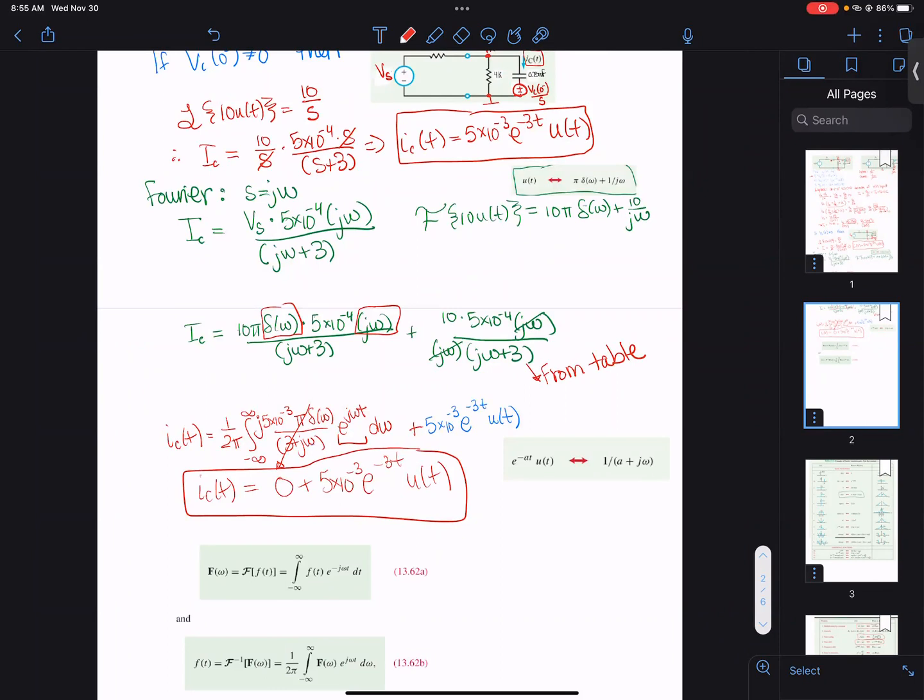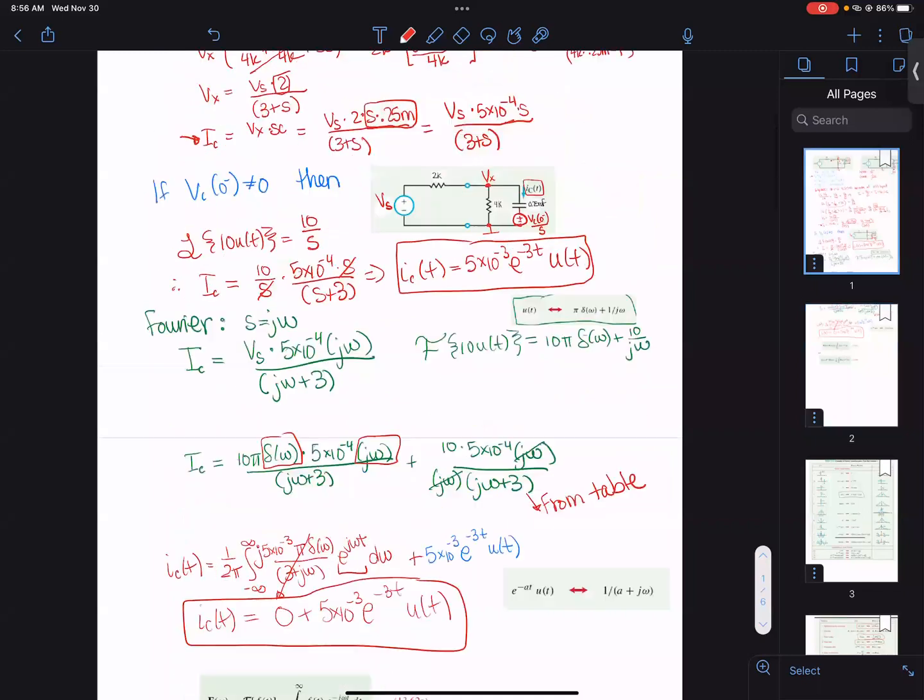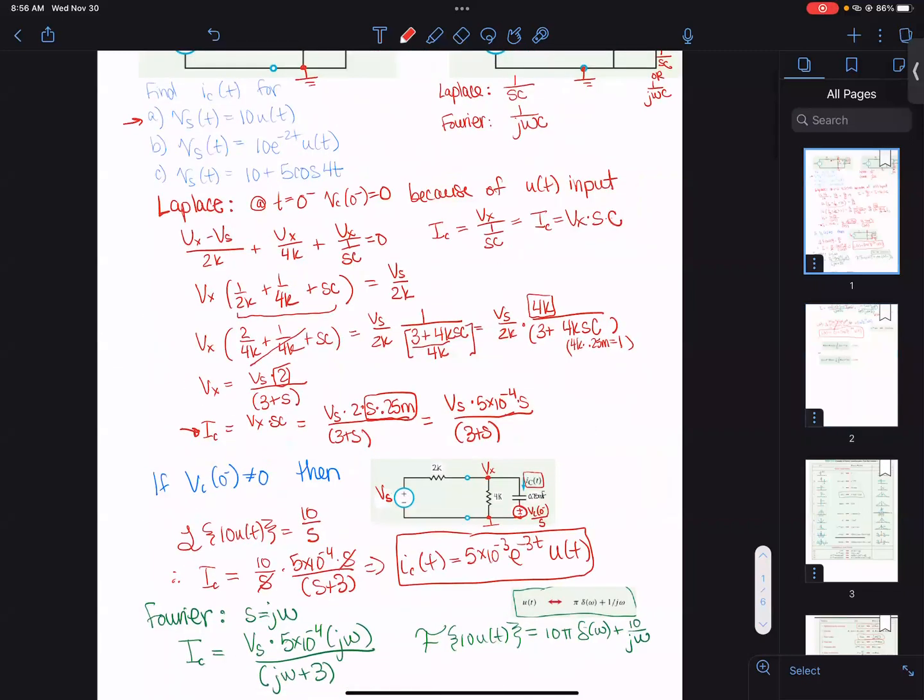IC of t, or what do you mean IC? Yep, I just plugged in Vx and then multiplied it by sC.